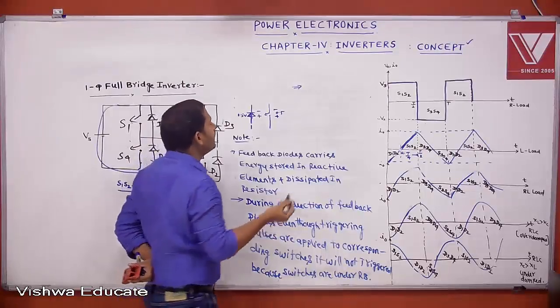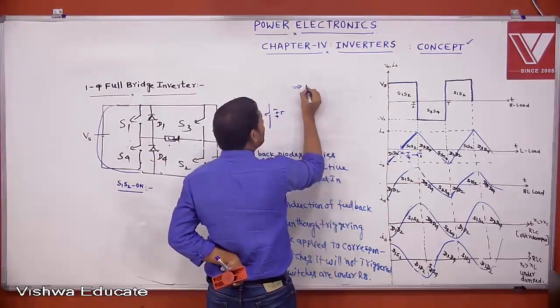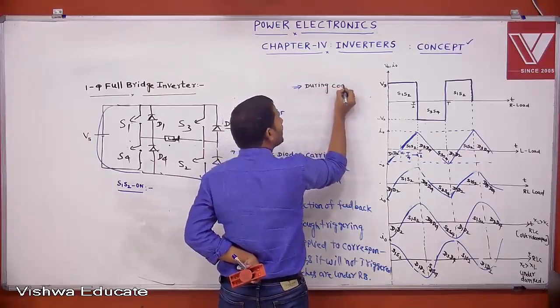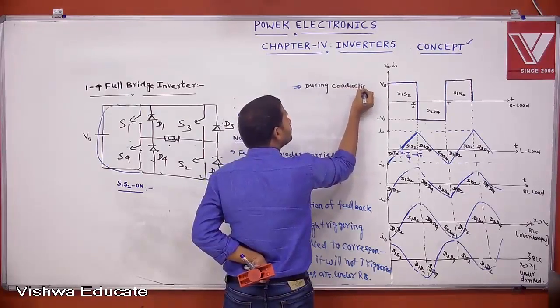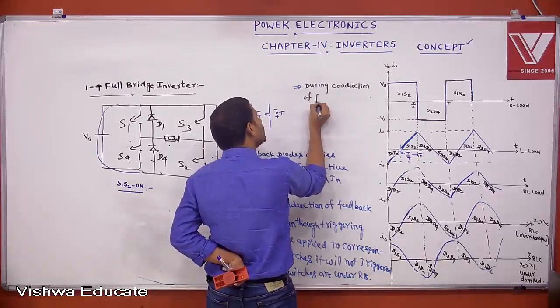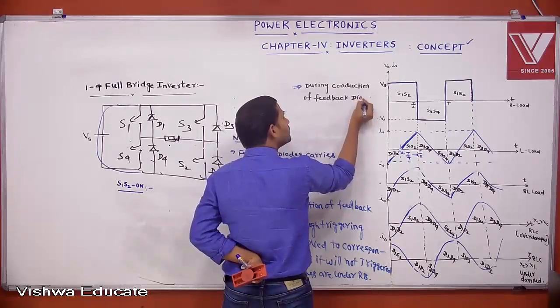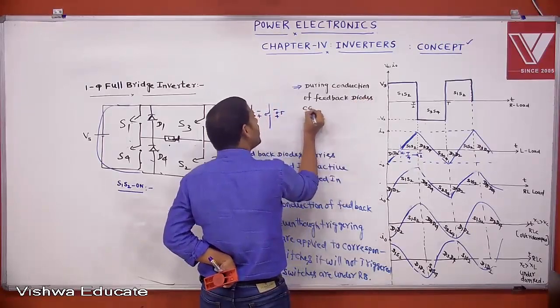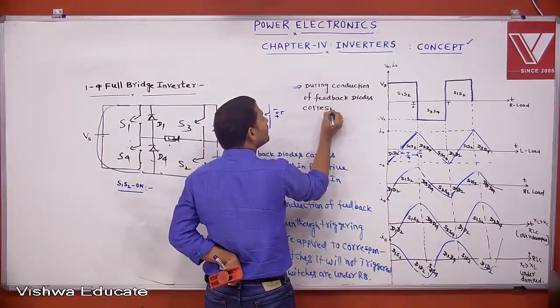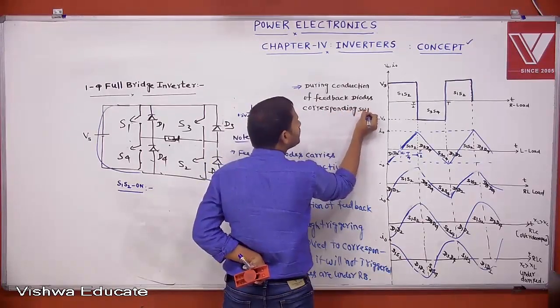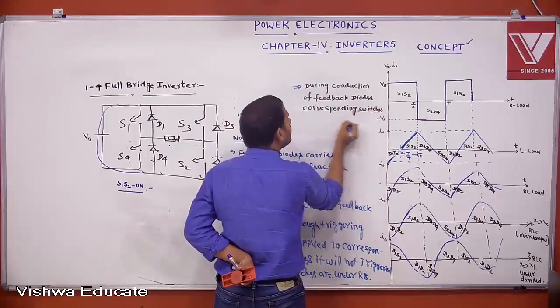Understood? That means during conduction of feedback diodes, the corresponding switches are reverse bias.